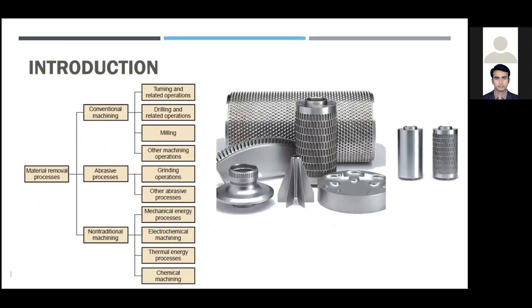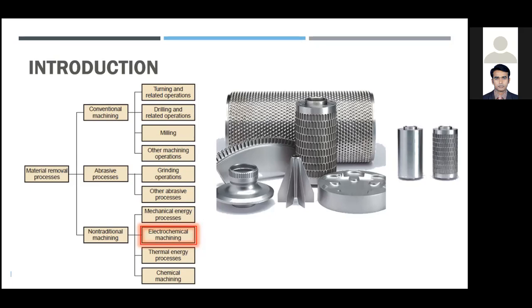These are conventional machining, which includes turning, drilling, and milling operations, and abrasive processes like grinding, and non-traditional machining processes like mechanical energy processes, electrochemical machining, and thermal energy processes. So electrochemical machining is a non-traditional machining process.